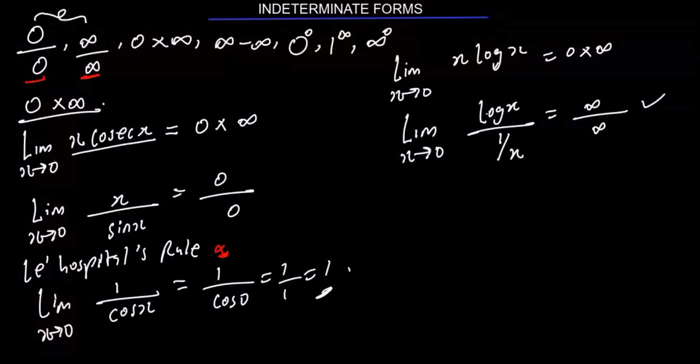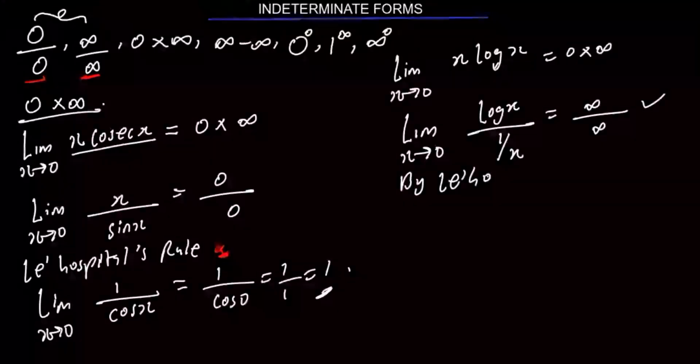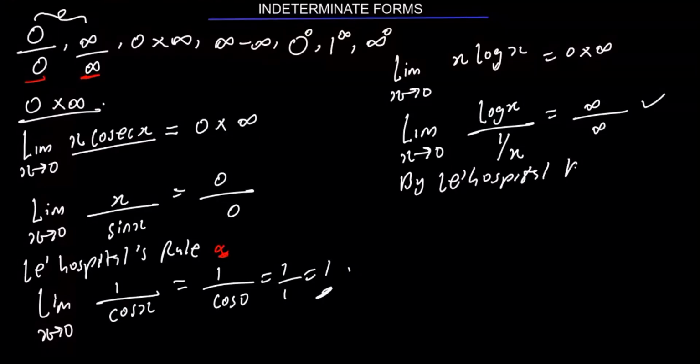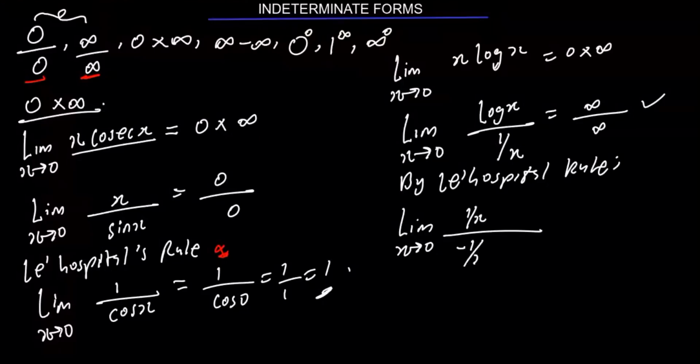So I will now differentiate from here. So by l'Hospital rule, let's go. I have the limit as x tends to 0. What's log x? If I differentiate log x, what will be my answer? 1 over x. If I differentiate 1 over x, I'll have minus 1 over x squared.